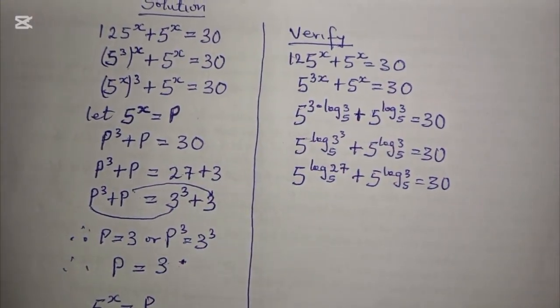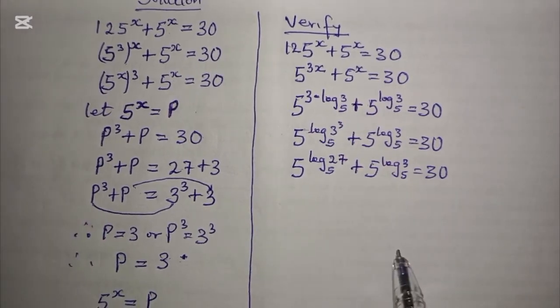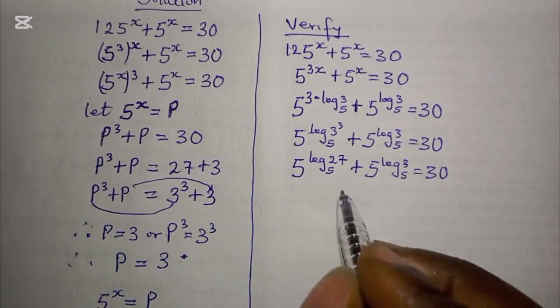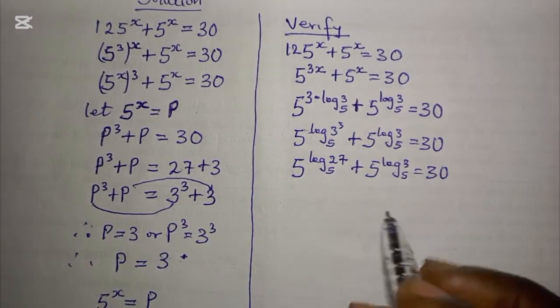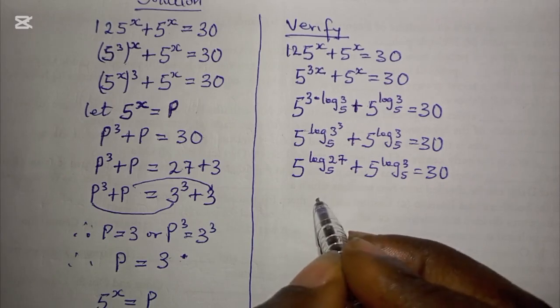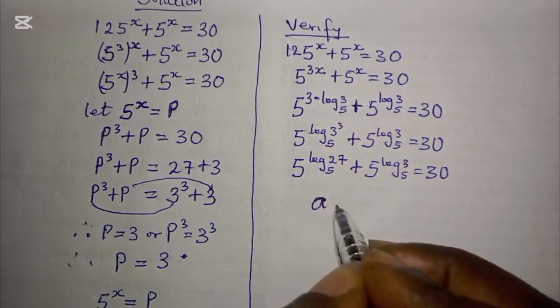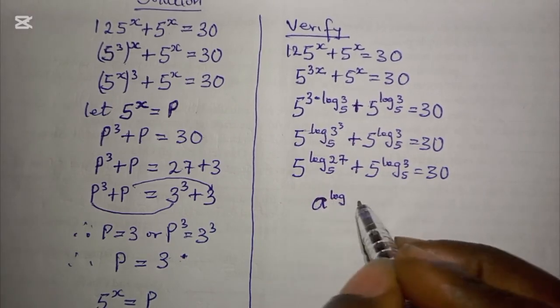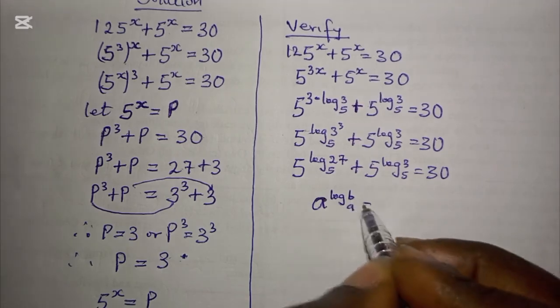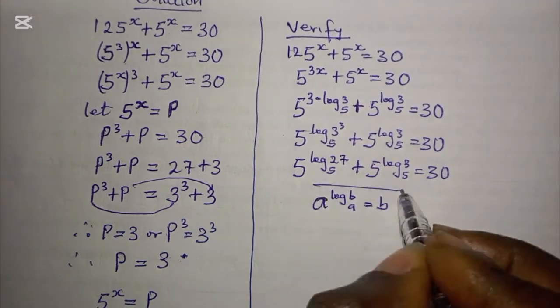From here, I can easily say, if you apply this log rule that says if you have a raised to the power of log b base a, it is b.